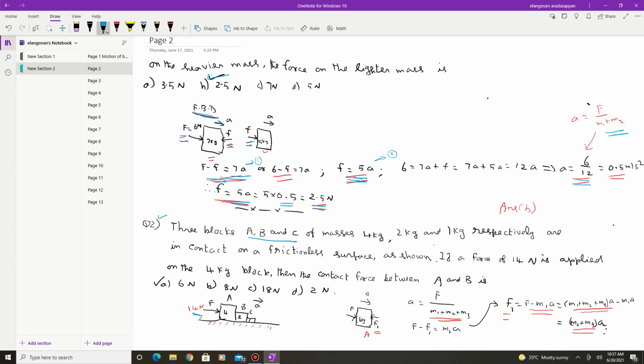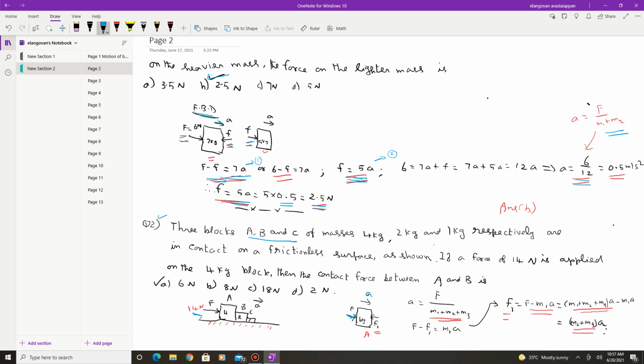So here first you have to draw the free body diagram for the first block, block A. Force F is acting along this direction, and this is the acceleration. And the block B gives a contact force on A, which is called F1.